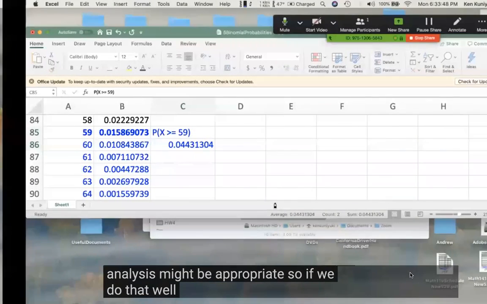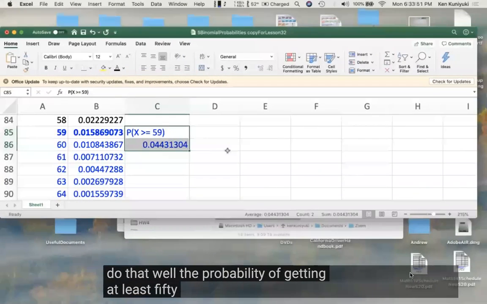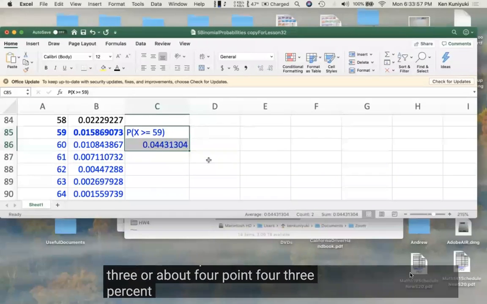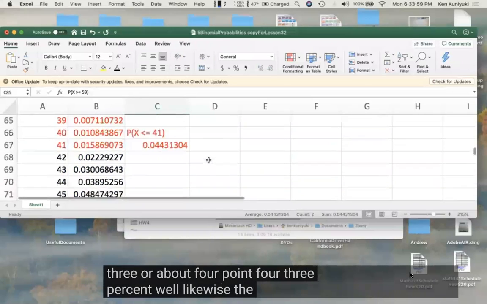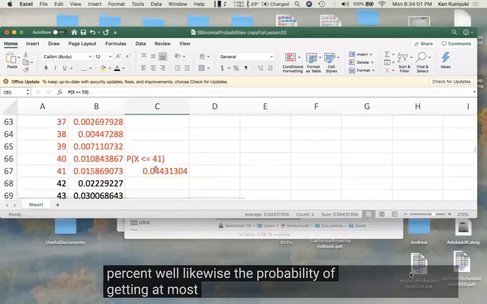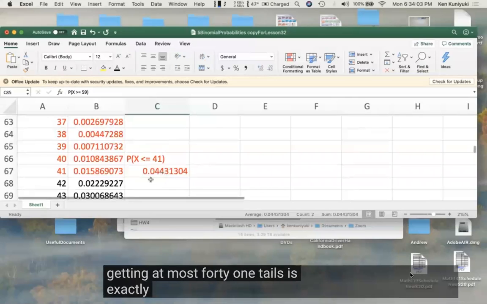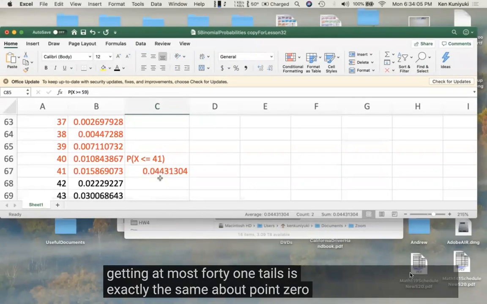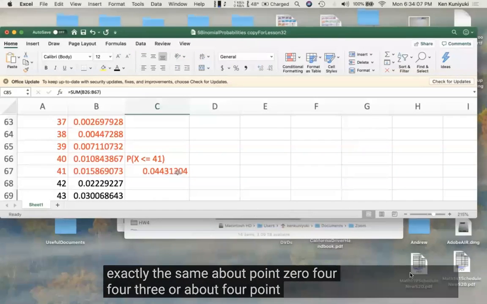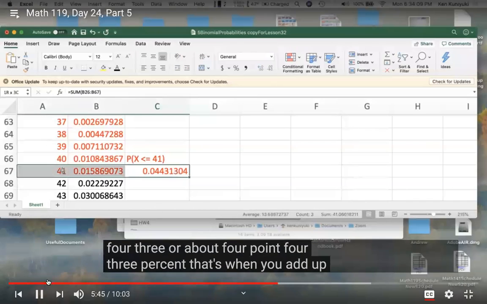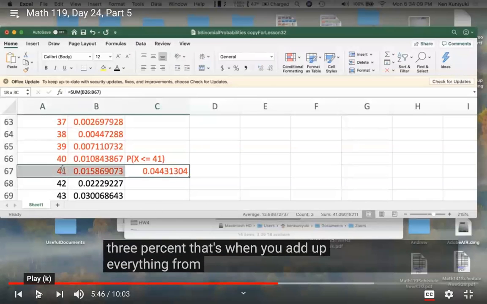So if we do that, well, the probability of getting at least 59 heads is about 0.0443, or about 4.43%. Well, likewise, the probability of getting at most 41 heads is exactly the same, about 0.0443, or about 4.43%. That's equivalent to at least 59 tails.